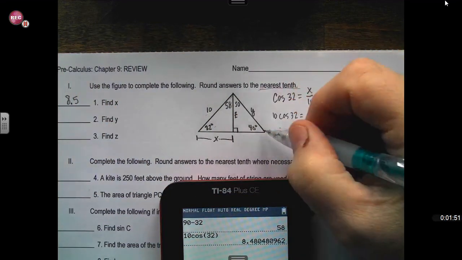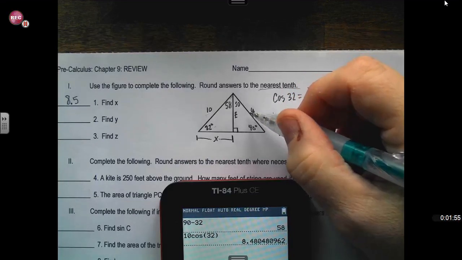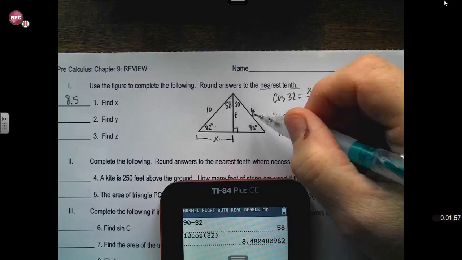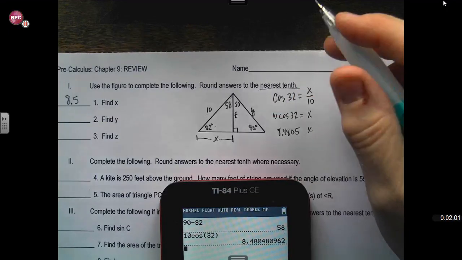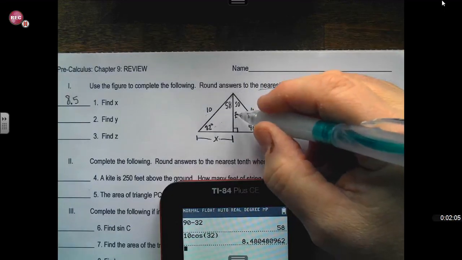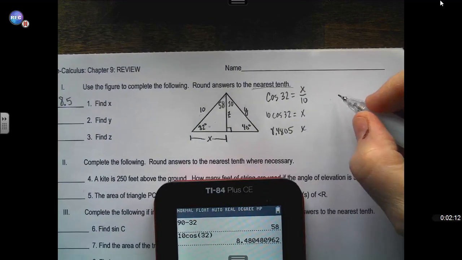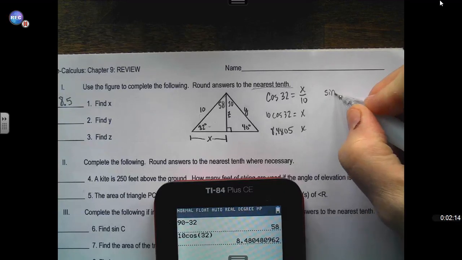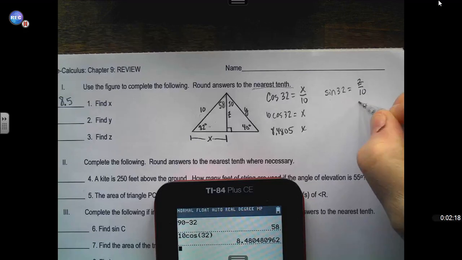Y, I'm going to use this other triangle over here. Well, let's see, I need to know Z first, don't I? So I'll go back to this little triangle over here. Z is opposite 32, and again, I'll use the hypotenuse. So I'll use the sine of 32 equals Z over 10.